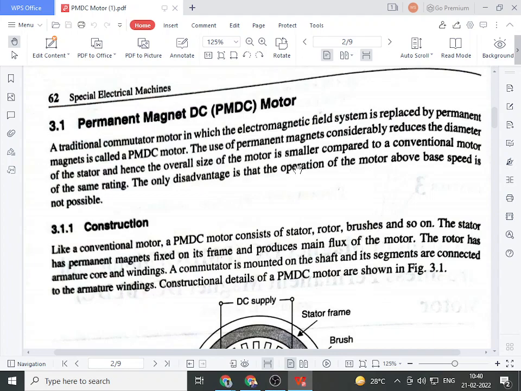When we replace that field winding with permanent magnets, anyhow we require a magnetic field. We can generate that magnetic field either by using a field system and exciting it as in a conventional DC motor, or we can use permanent magnets.